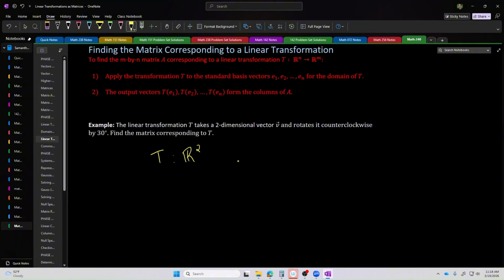And then after rotating a two-dimensional vector, you're just going to get another two-dimensional vector. So the codomain of T is also going to be two-dimensional. So I anticipate that the matrix that represents this transformation is going to have two rows and two columns.